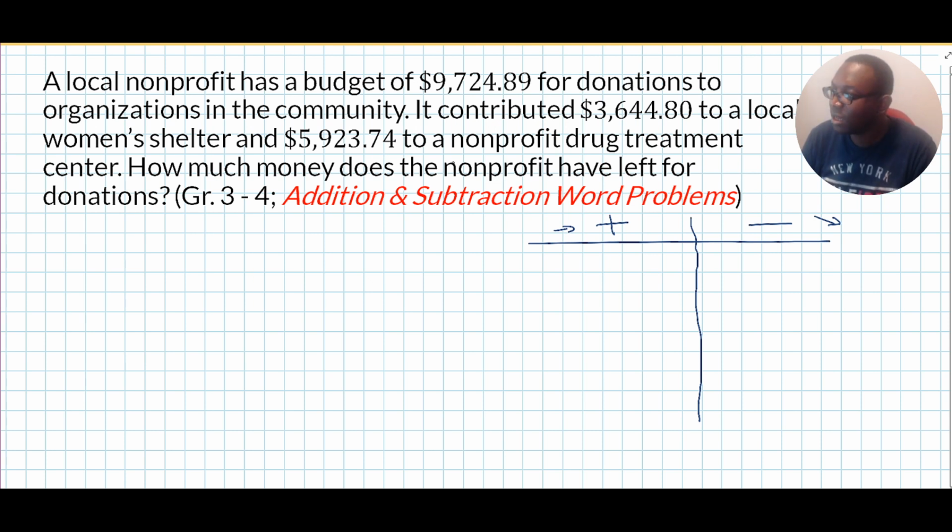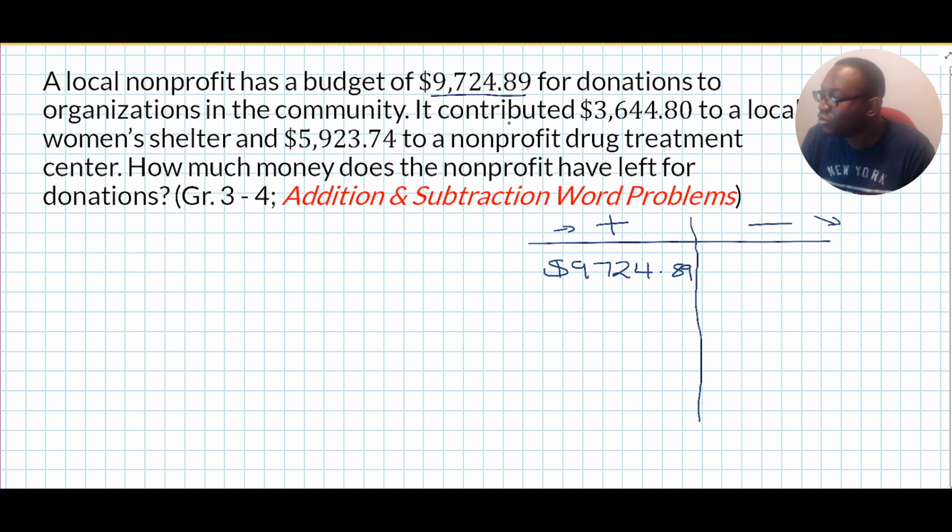Okay, let's go ahead and try this out. So a local nonprofit has a budget of $9,724.89. So let's see, we have 9,724. Okay, good try. And 89 cents.